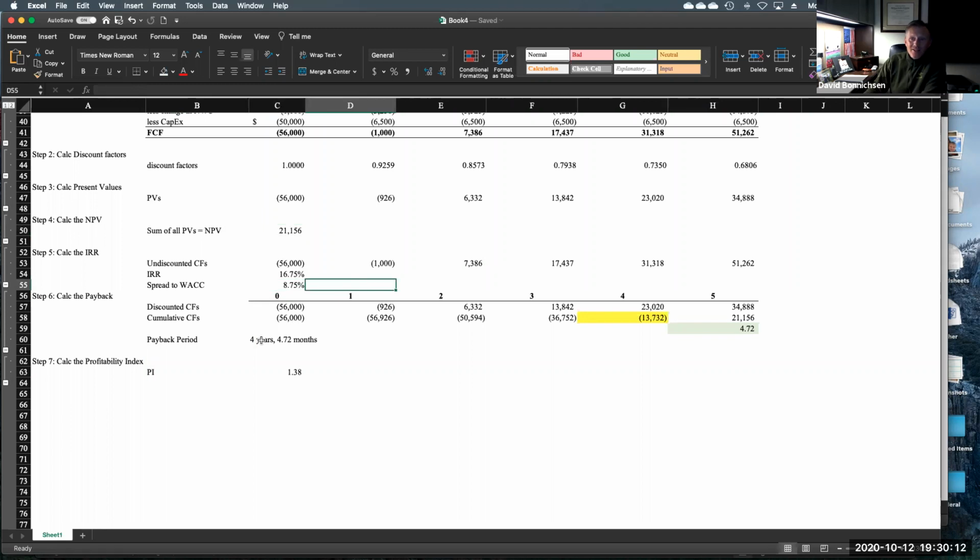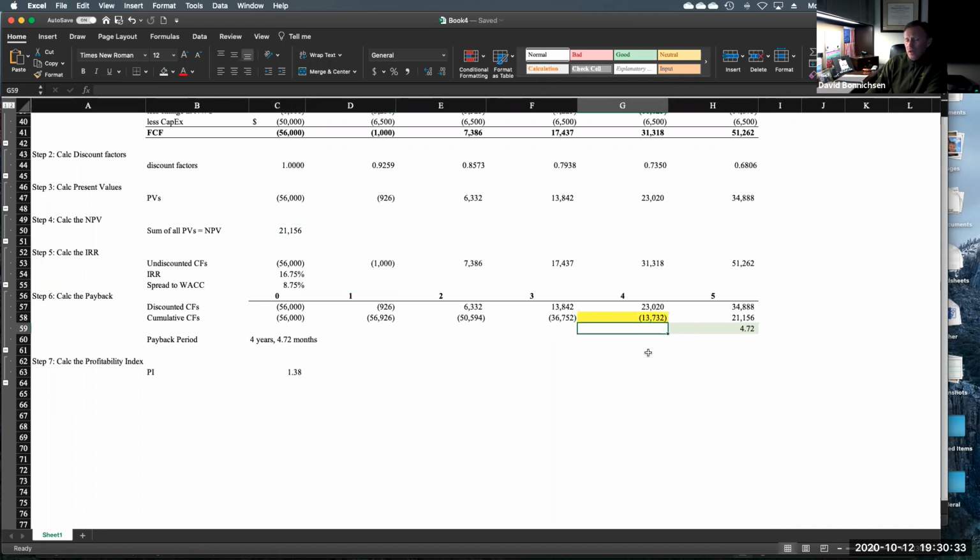Okay, so it's important to know what these numbers are, but definitively we're using net present value as the first criteria, and if the net present values are similar to one another, then we use the spread to WACC as the second and defining criteria to select the project.